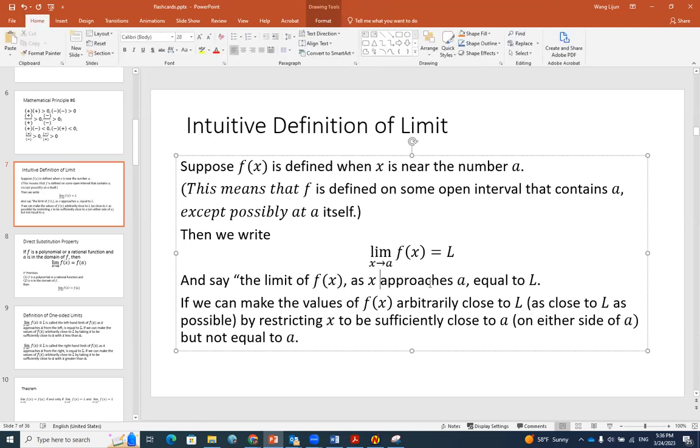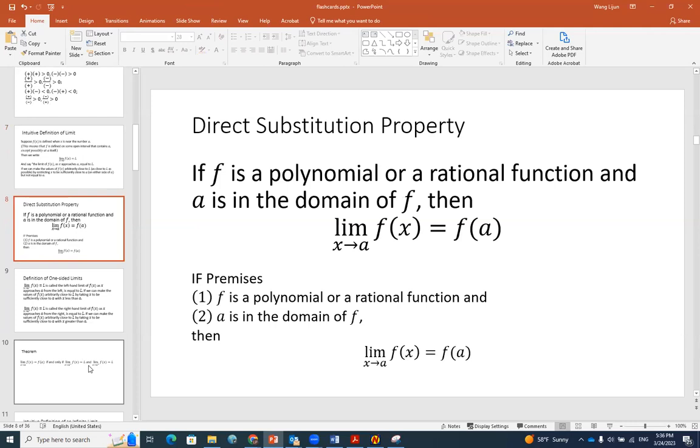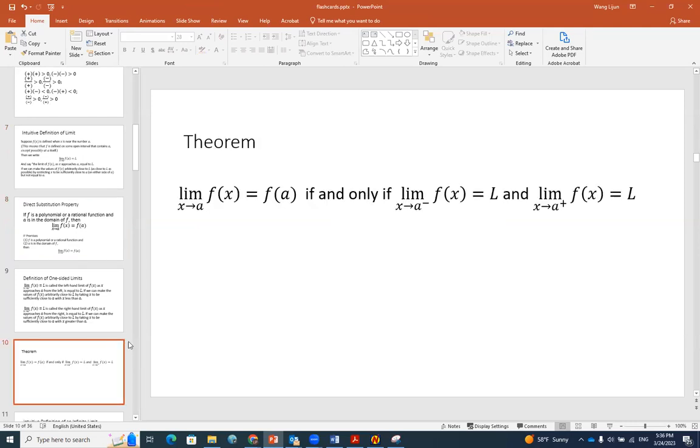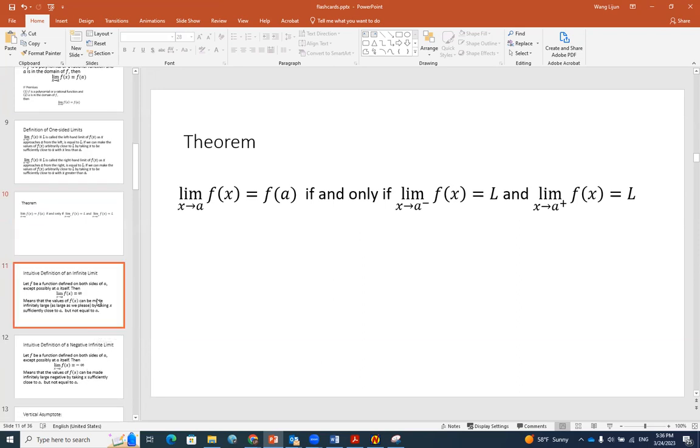As x approaching a, this can also be read the limit of f of x at a. So this is the typical reading. But the best way is still to just write it down concisely, so there'll be no confusion.